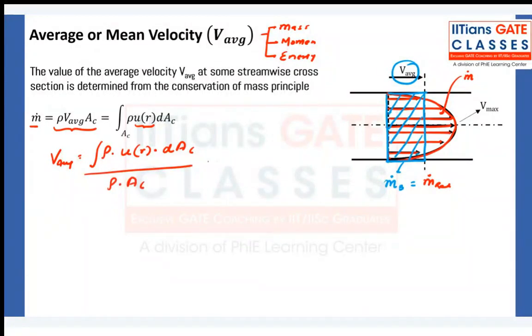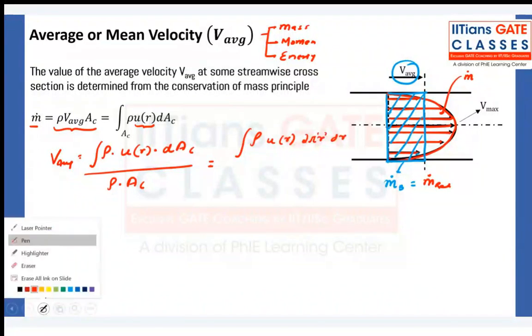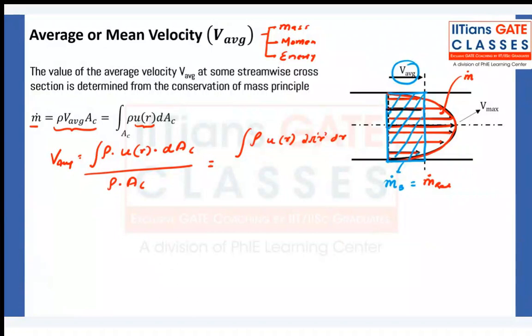Now what can I write? I am talking about area, but I can express area in the form of radius. So the integral of rho u(r) 2 pi r dr. It is a very small r I have taken, at any point, a small element.